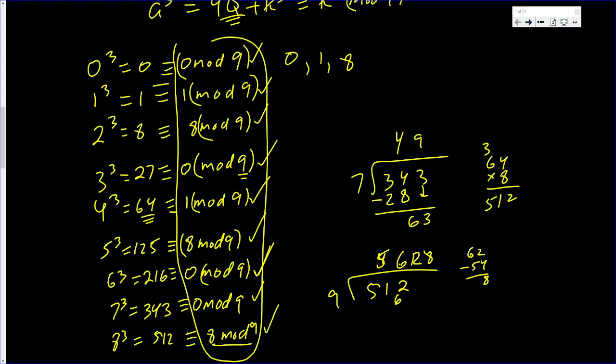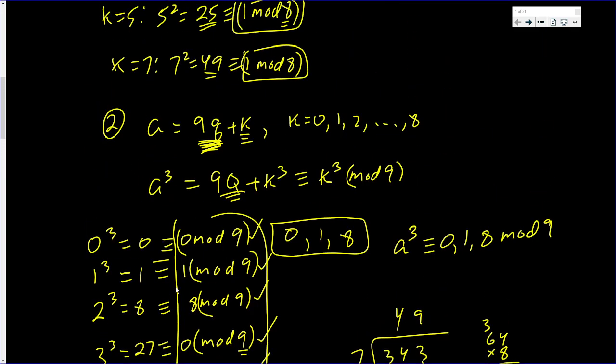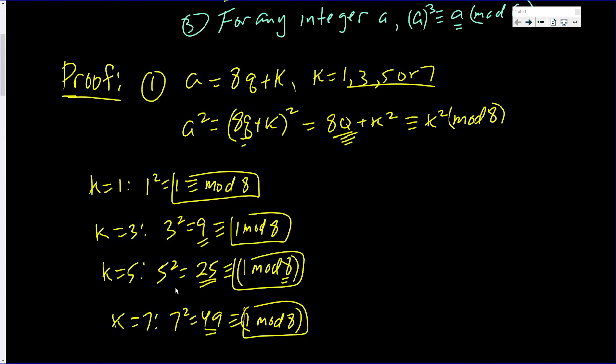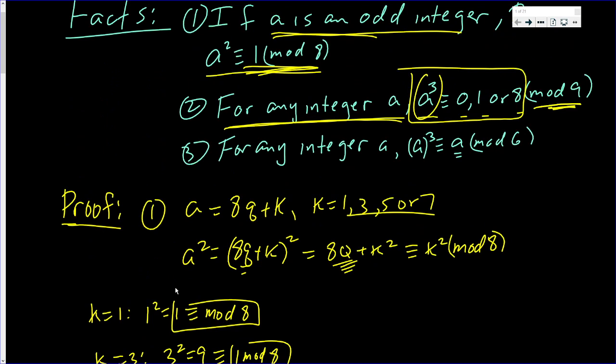And 8 I already have. So what we have is that 8 cubed is congruent to 0, 1, or 8 mod 9. And if we look up here, that's exactly what we were supposed to show. A cubed mod 9 is 0, 1, or 8.